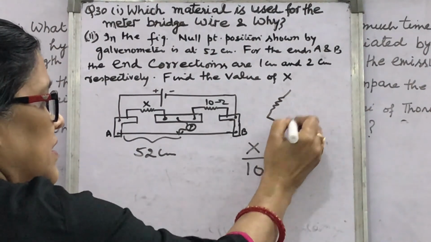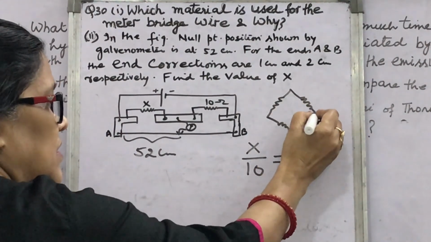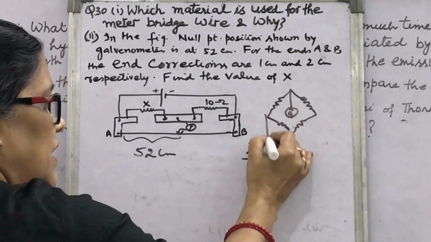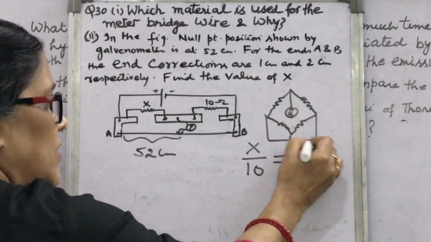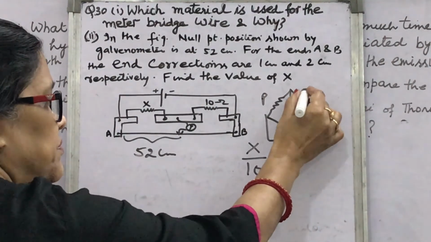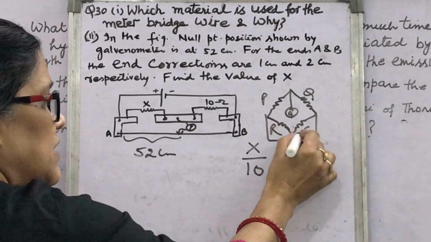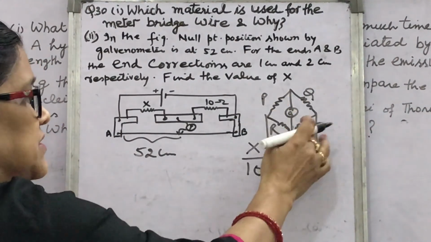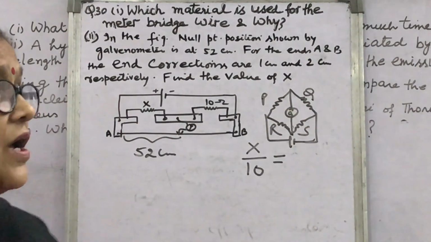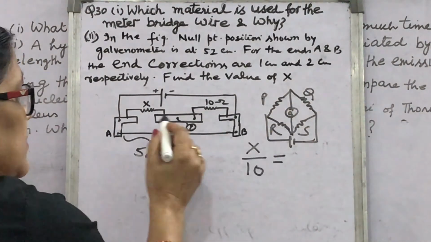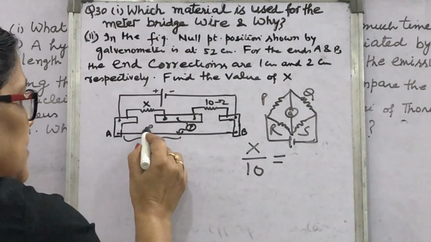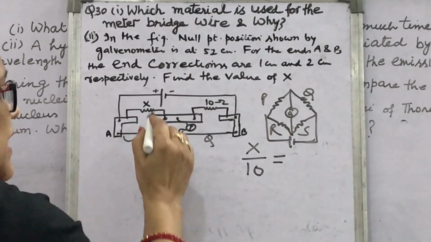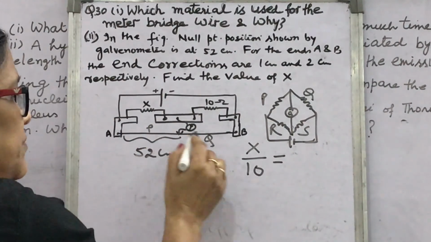In the theory you have to prepare. Here is the galvanometer, here is the battery. If these are the resistances P, Q, R, S, then P by Q equals R by S in the balance state when there is no current through the galvanometer. So X upon 10 equals this upon this.